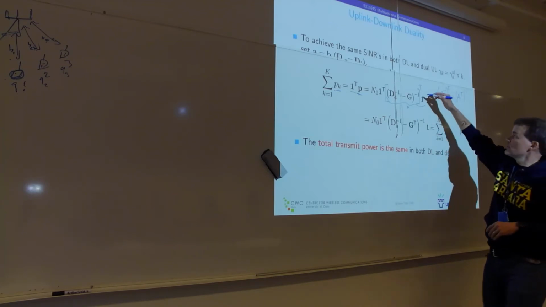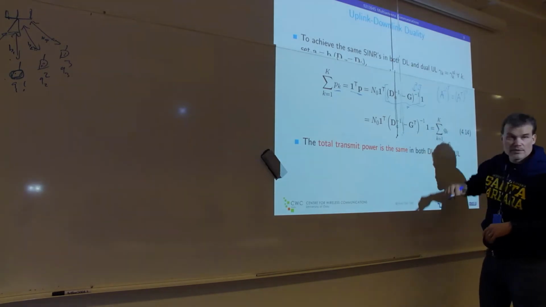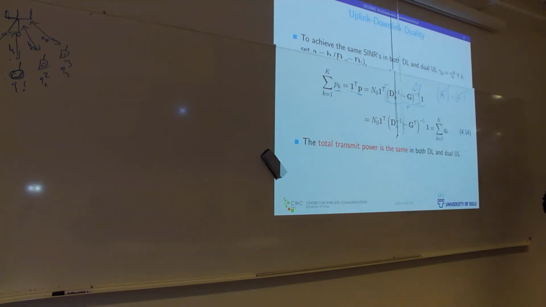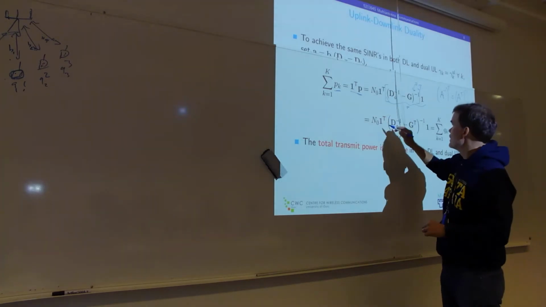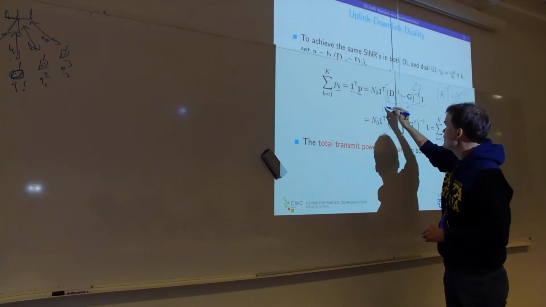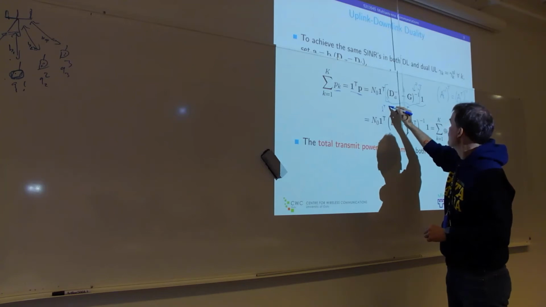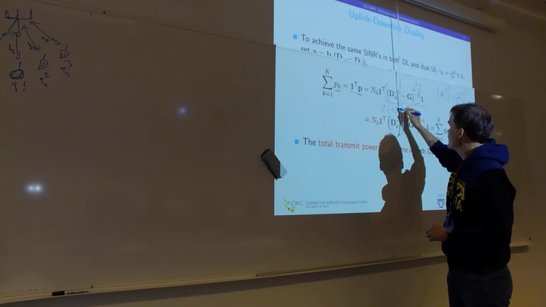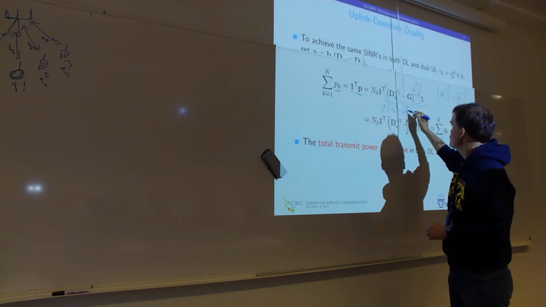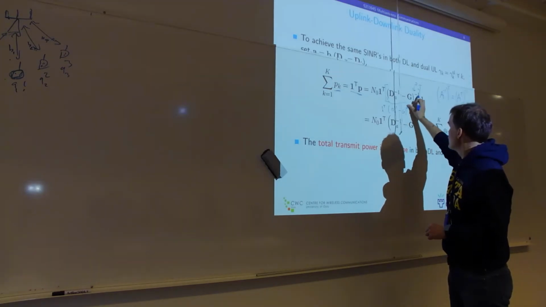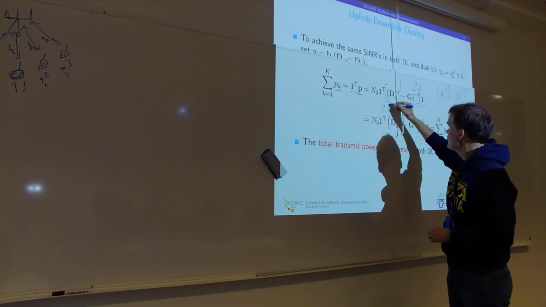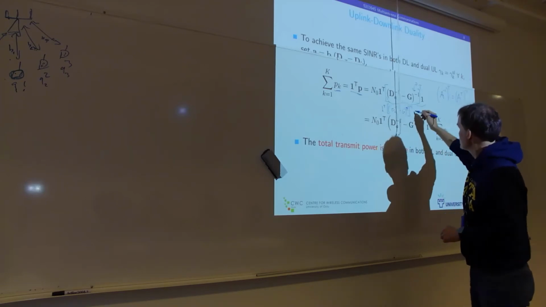So we interchange this to here, right? So then we have EA inverse minus G transpose inverse.